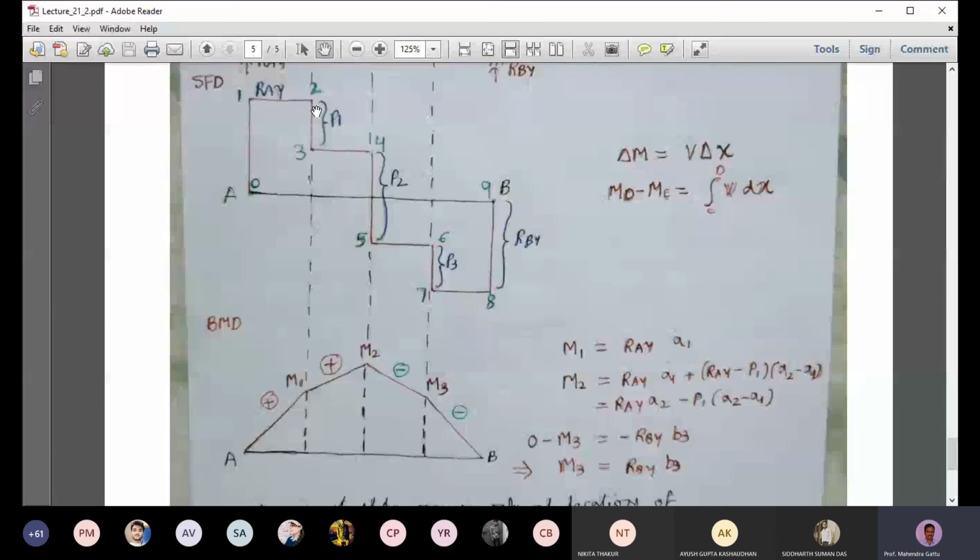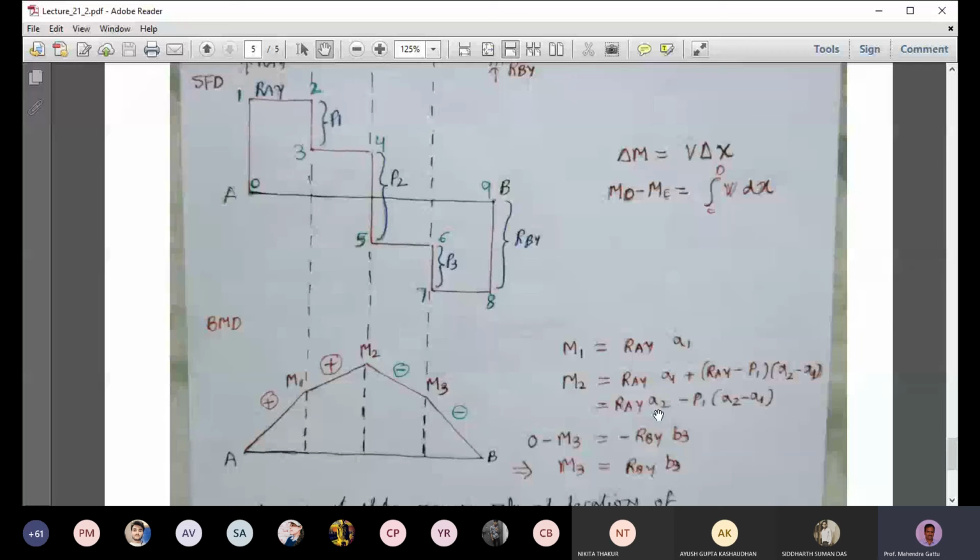And then what happens? There is a drop in the shear force, and this value will be RAY minus P1, and the bending moment will not increase at the same rate now. The bending moment will increase at a smaller rate. So we can find the bending moment at this section, M2.